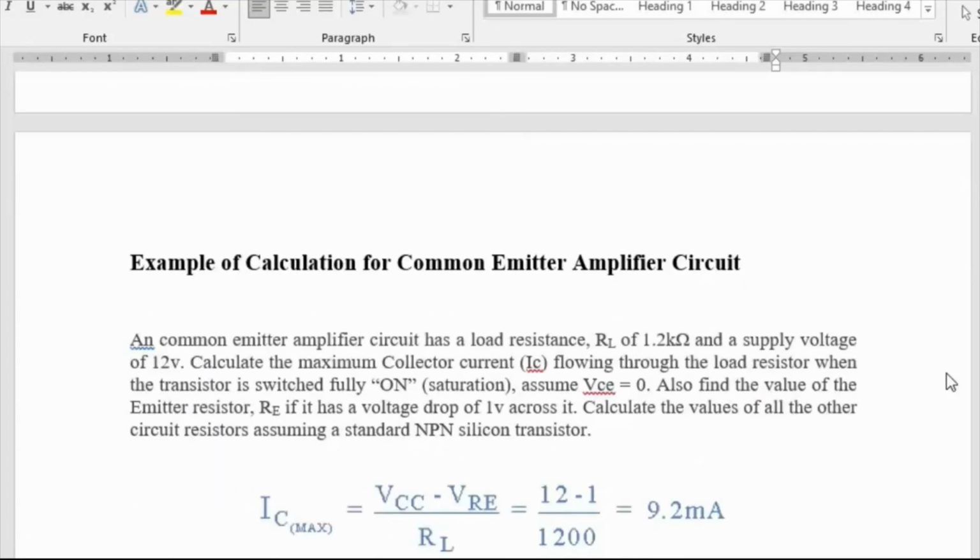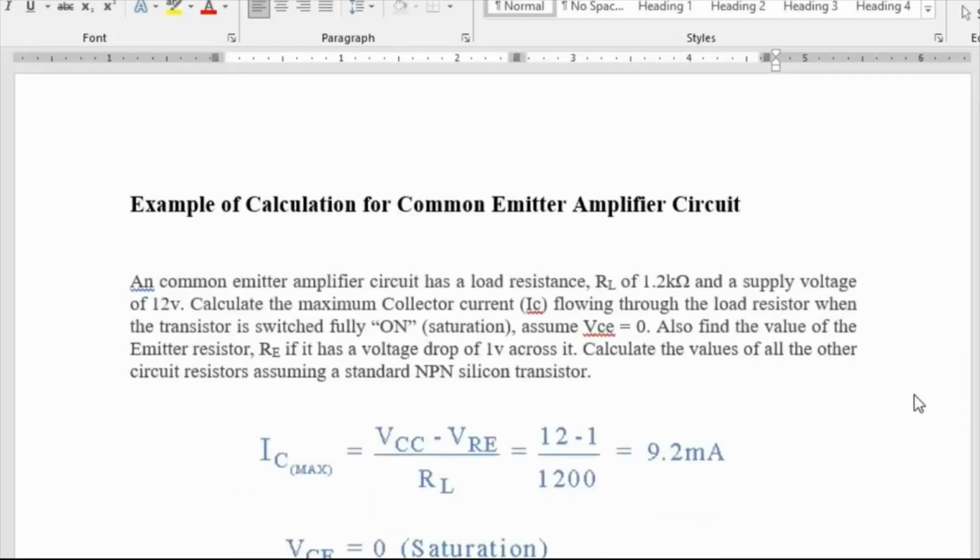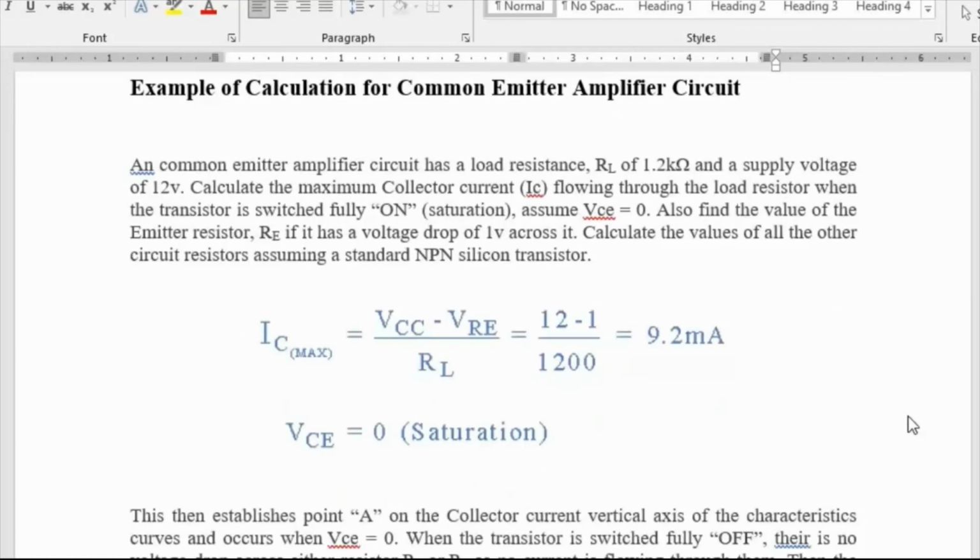Okay, this is an example of calculation for common emitter amplifier circuit. So, IC maximum equals VCC minus VRE divided by R load. So this is the calculation.